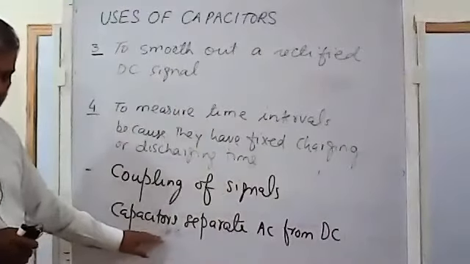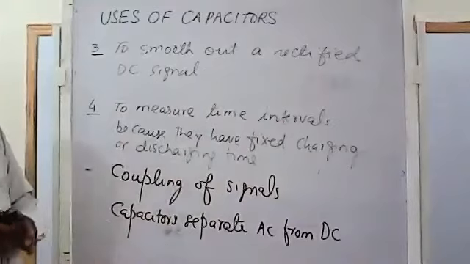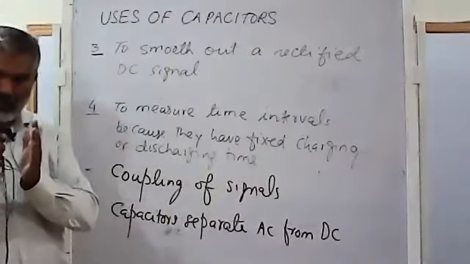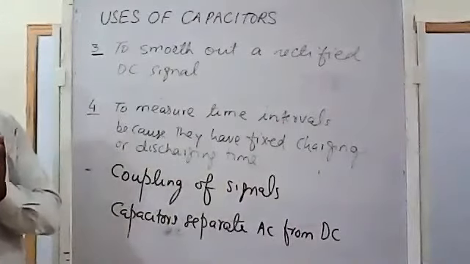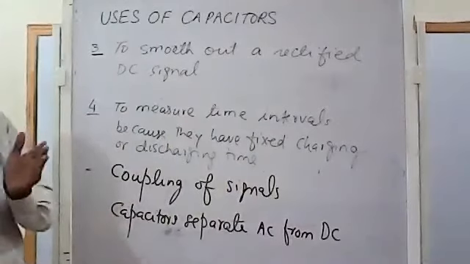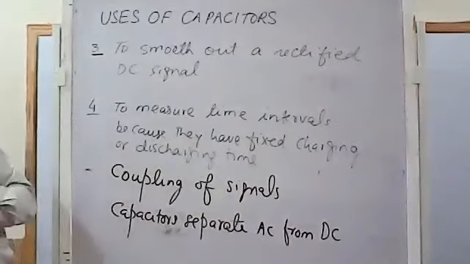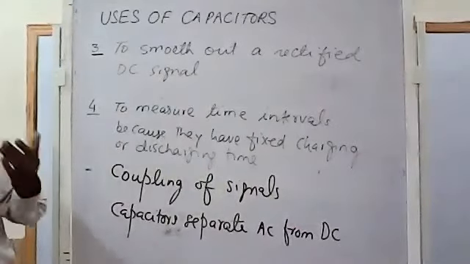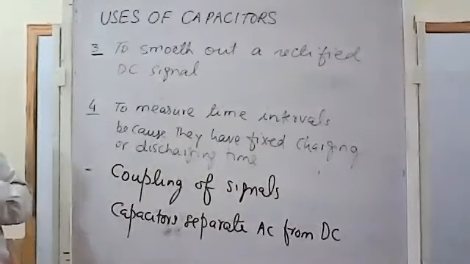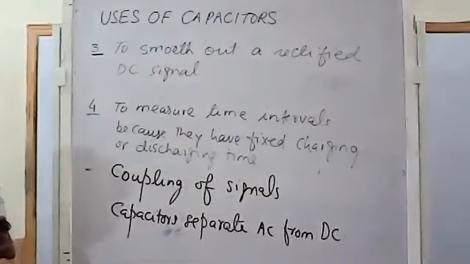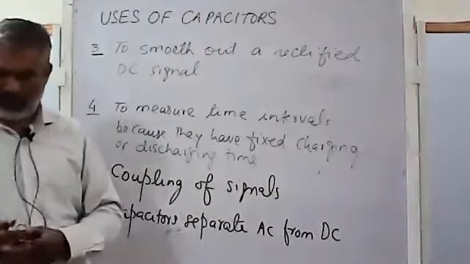This is an important ability of a capacitor because of the gap in it, because of the insulator in between the two plates, as I discussed in the beginning, the construction. It does not allow DC through it when it is fully charged. So coupling is one of the important uses.